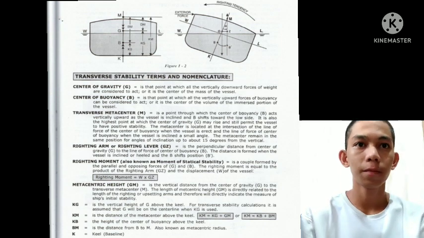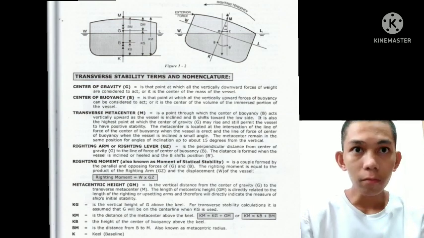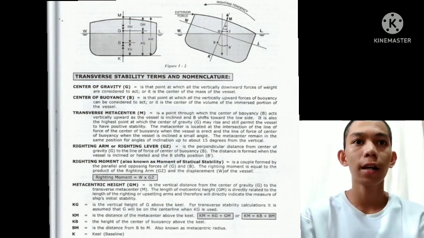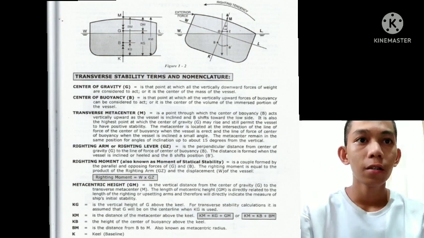Transverse metacenter is a point through which the center of buoyancy acts vertically upward as the vessel is inclined and B shifts toward the low side.